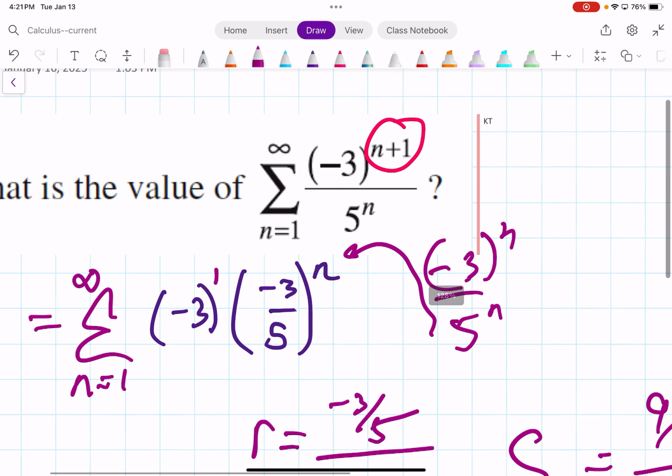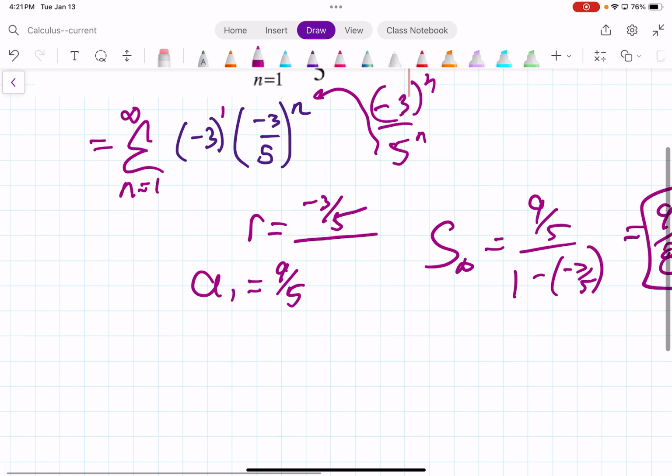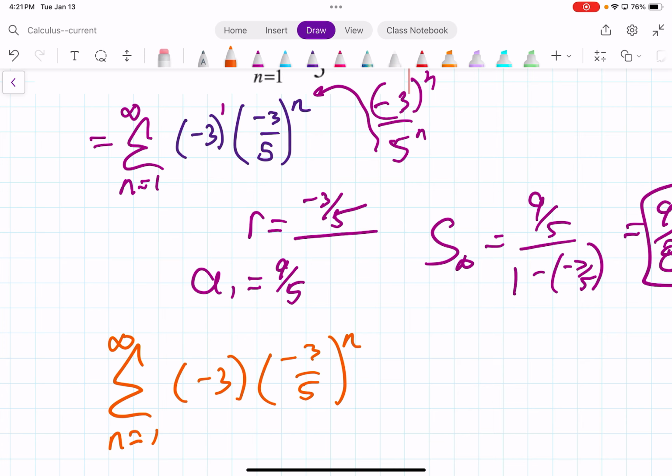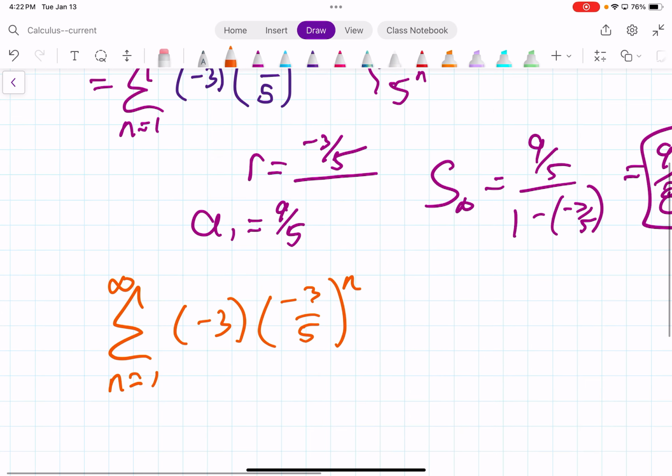I want to do it another way because I want you to notice something. Looking at this summation from n equals 1 to infinity, I want to go to this step for just a minute. I claim this moment from that summation is equal to this.